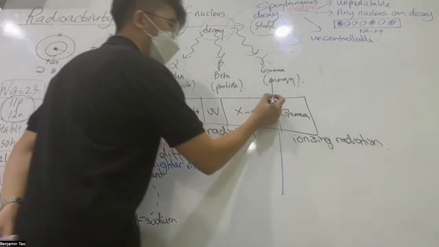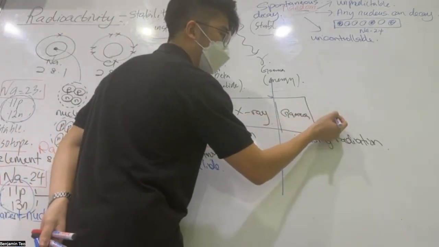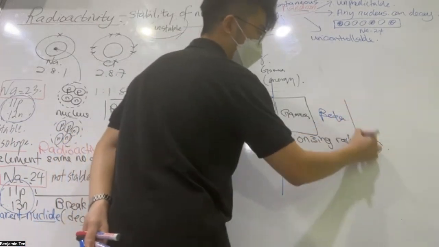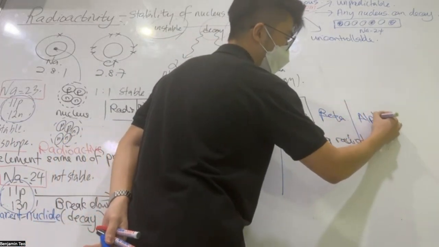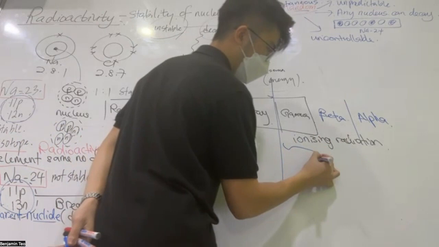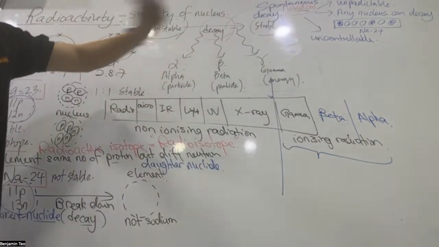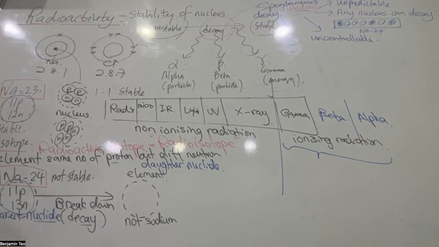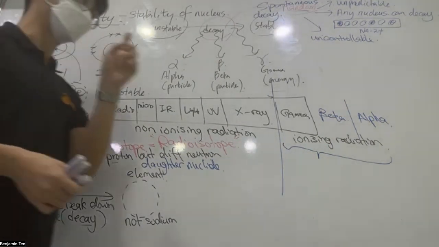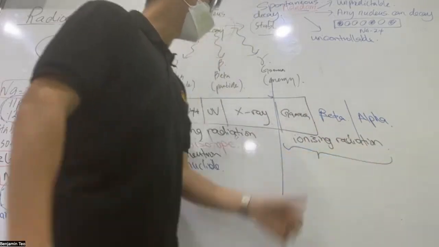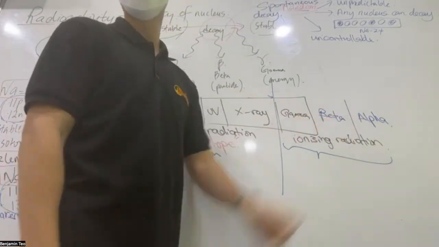Okay? Starting from here, gamma, the next one is beta. The next one is alpha. These are the three ionizing radiation you get from the decay. You get it from an unstable nucleus. So these three, we will look into each one of them. You need to know the property of each one.